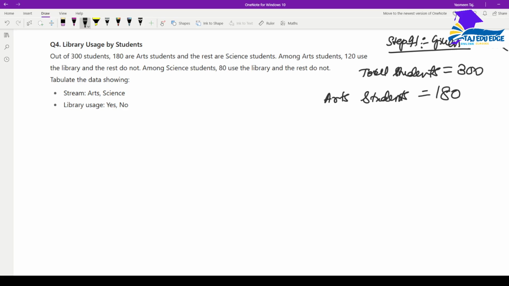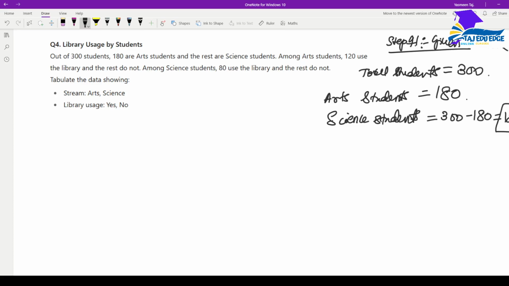The rest are science students, they say. If the rest are science students, how many are science students? That is so easy. 300 minus 180 is 120. So 120 are science students. Now we have the data: total students are 300, arts students are 180 and science students are 120.